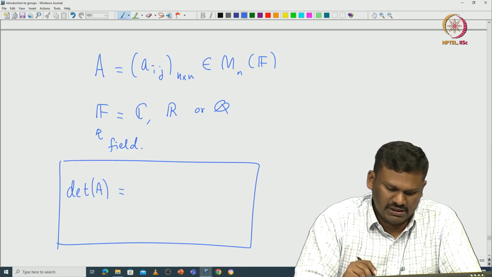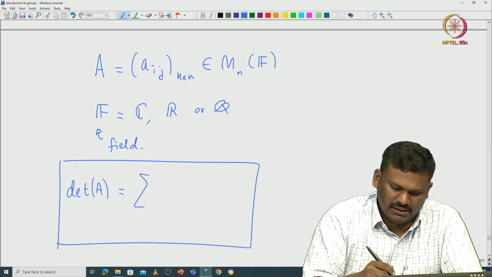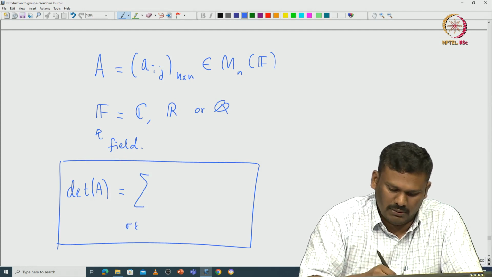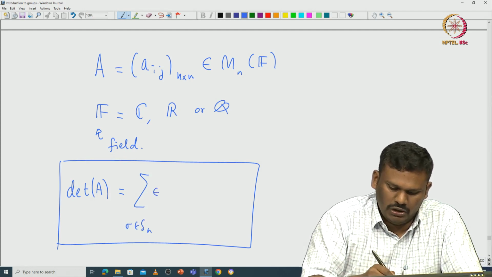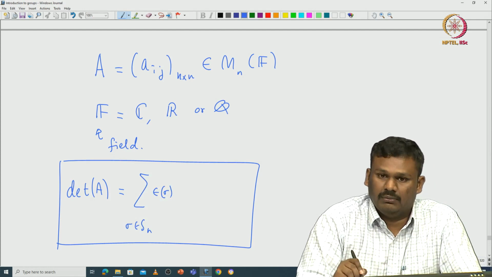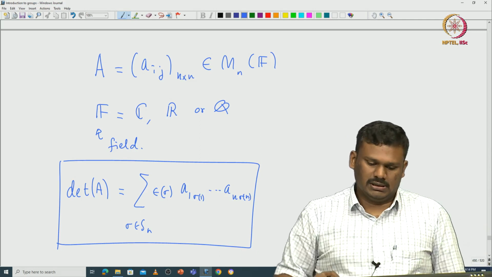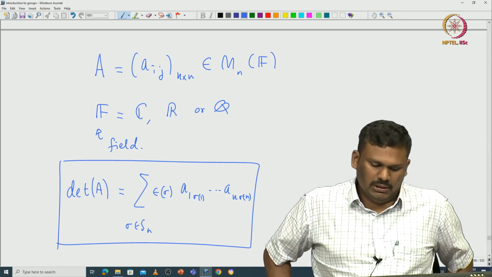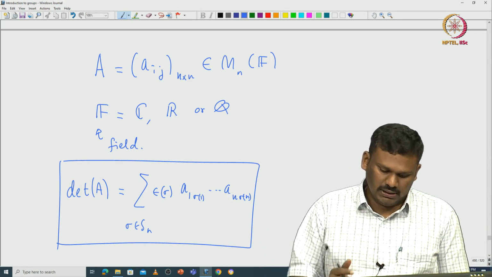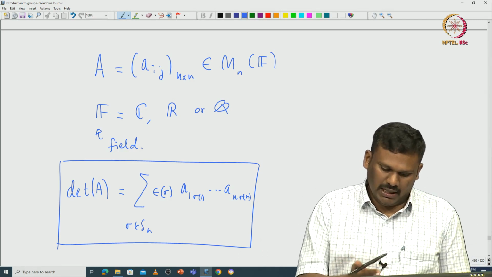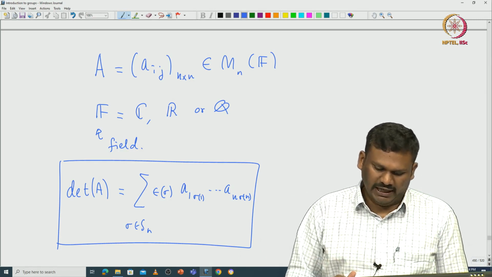The determinant of this A is given very explicitly by the sum over all sigma in Sn of the sine of sigma times the product A1 sigma 1 and so on up to An sigma n. This is the formula for the determinant using the symmetric group action and the sine map.